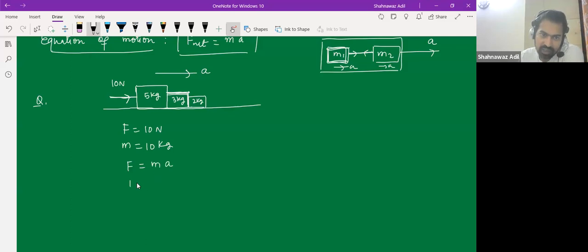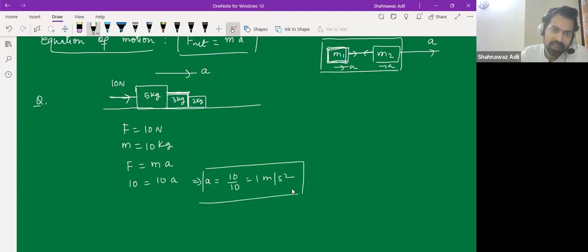F is 10 Newton, M is 10 kg, so A would be 10 by 10, which is 1 meter per second squared. Is this part clear, everyone? Yes, sir. So we have a net acceleration in this direction.